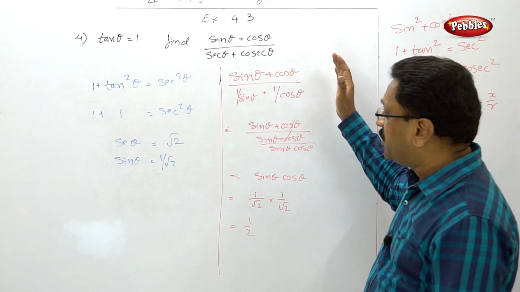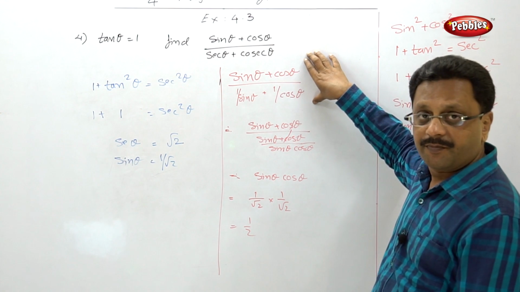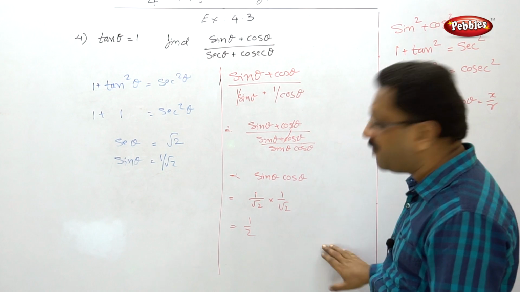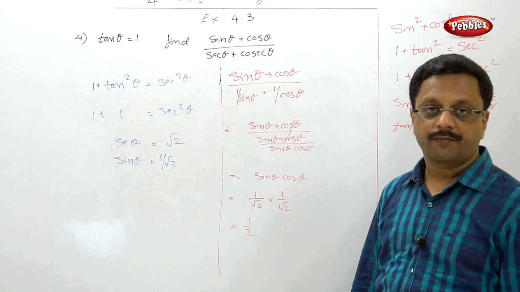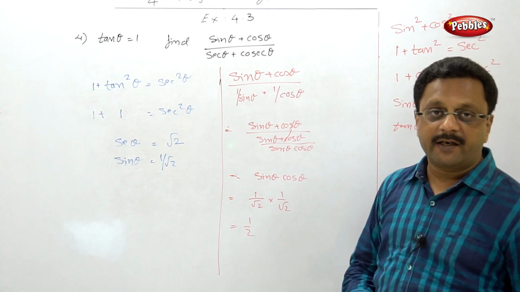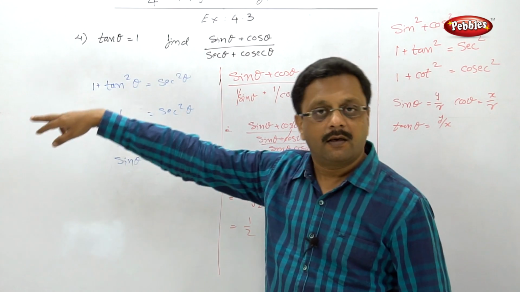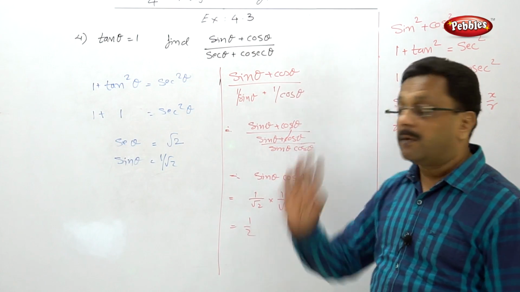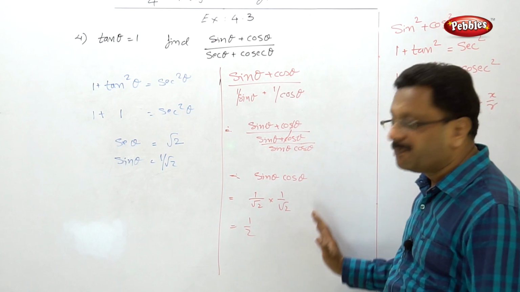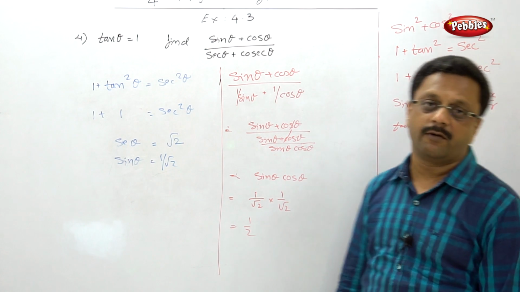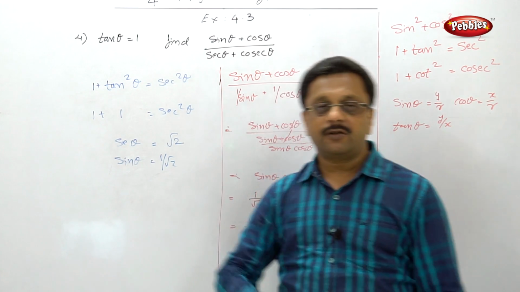Then instead of substituting on the first step, I will first try to simplify this and then substitute the values of these two. You can find out sec and cosec values by this method or by an alternate method, any method. But at the end, when you have to substitute it here, first simplify this and then substitute the values. Okay? So the first step is two ways.